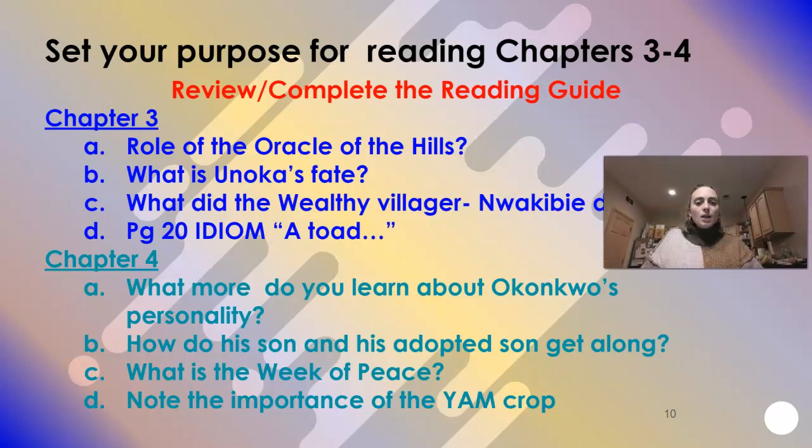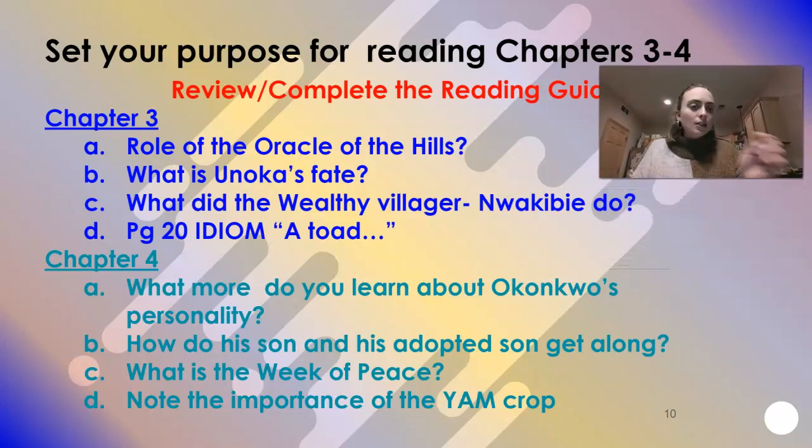Chapters 3 through 4, again, I would encourage you to be taking notes on the reading questions as you go. In chapter 3, we'll see what is the role of the Oracle of the Hills, what is his father Unoka's fate, what did the wealthy villager do? I don't know how to pronounce a lot of these names.